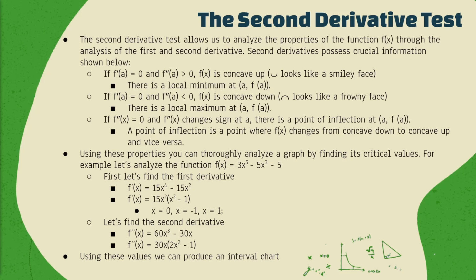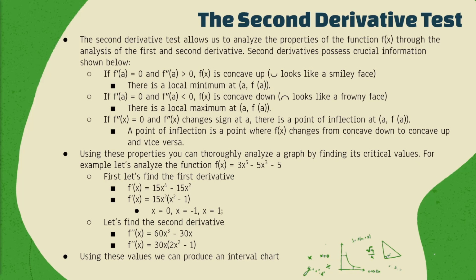The last thing that we need to know about the second derivative of a function is that when f double prime of x is equal to 0, and the point before you reach 0 is different in direction than the point afterwards, for example, positive before and negative after, or negative before and positive after, you have what is called a point of inflection.